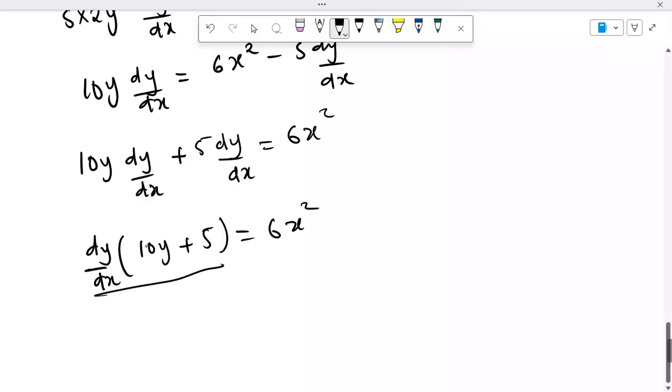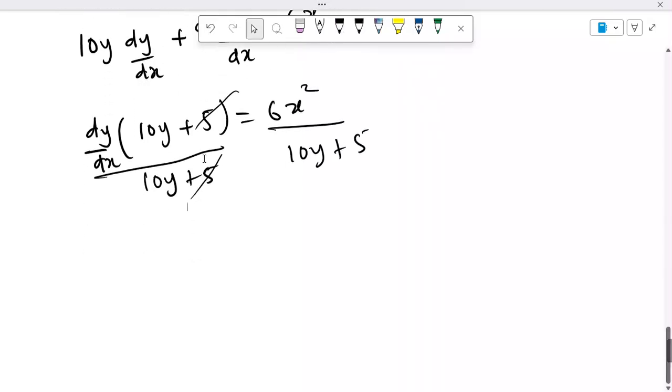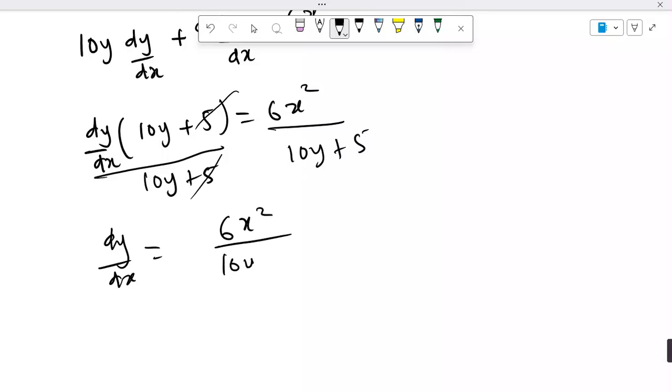So now how do we get rid of this? We divide everything by 10y plus 5, so that this and this cancel out. Then we'll have dy/dx equal to 6x squared over 10y plus 5.